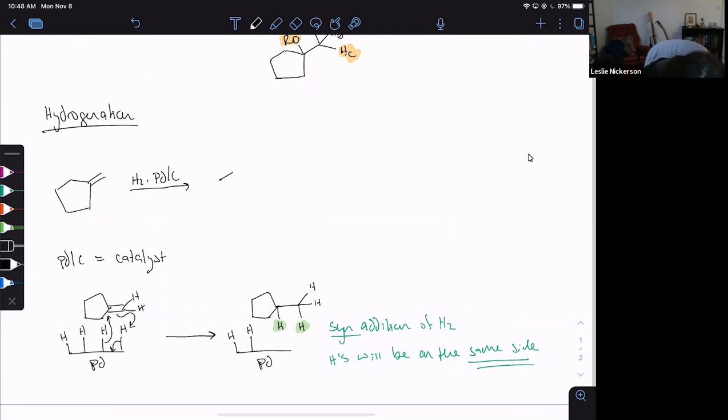So in this particular example, it doesn't matter a ton because I'm not forming any stereocenters here.